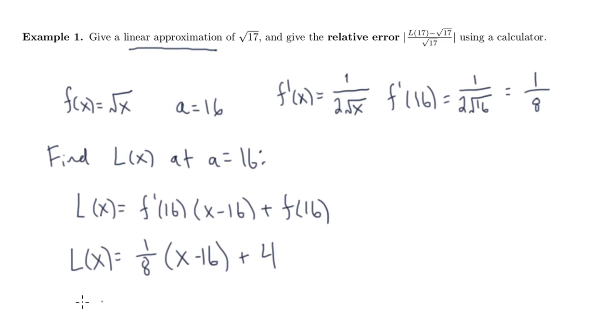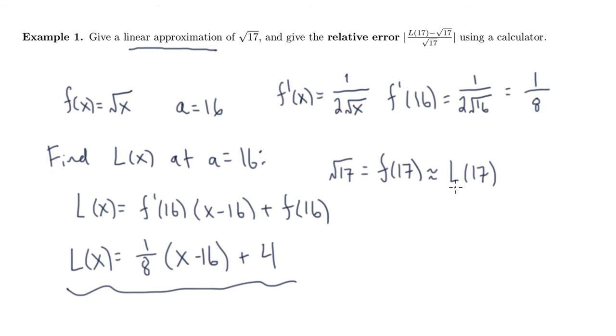Now remember, all this is the equation of the tangent line. So if I go a little bit away from 16, say to 17, I'm looking along this tangent line, but those values on the tangent line are close to the function values, as long as I don't go too far away from 16. So what I can say is that f of 17, which is approximately equal to L of 17, that is square root of 17.